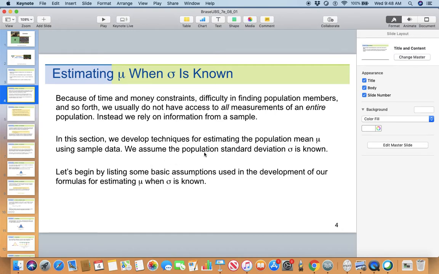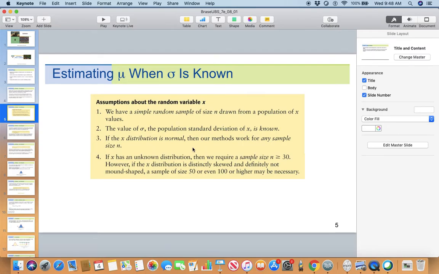Here is an important assumption: we assume the population standard deviation is known. So we are assuming sigma is known. Now, let us begin by listing some basic assumptions used in the development of our formulas for estimating mu when sigma is known. Assumptions.